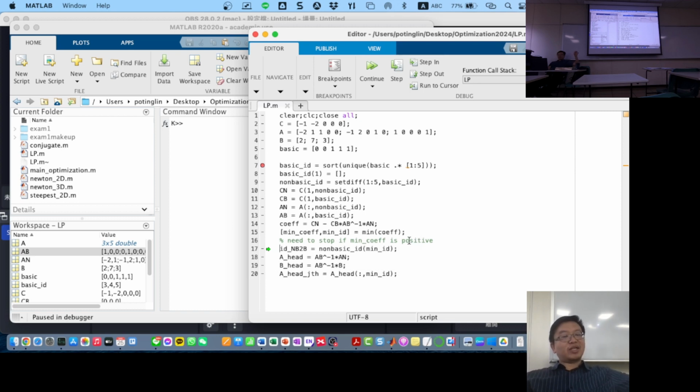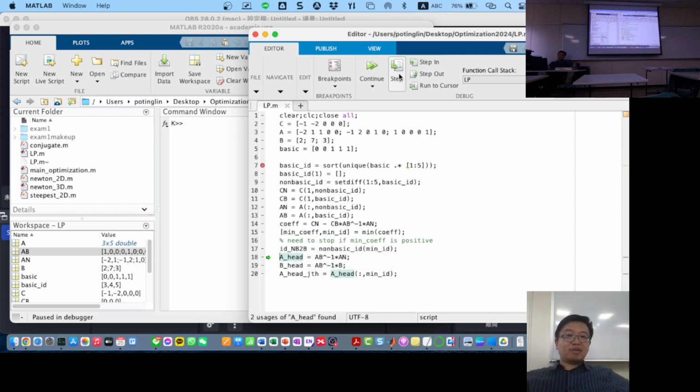If the minimum one is positive, I stop. So the non-basic ID is 1 and 2, and the second one has the most negative one. So the second one from 1 and 2 is 2. So if I do this, the ID to be converted from non-basic to basic will be the second column inside the A matrix. Second variable, x2 basically.